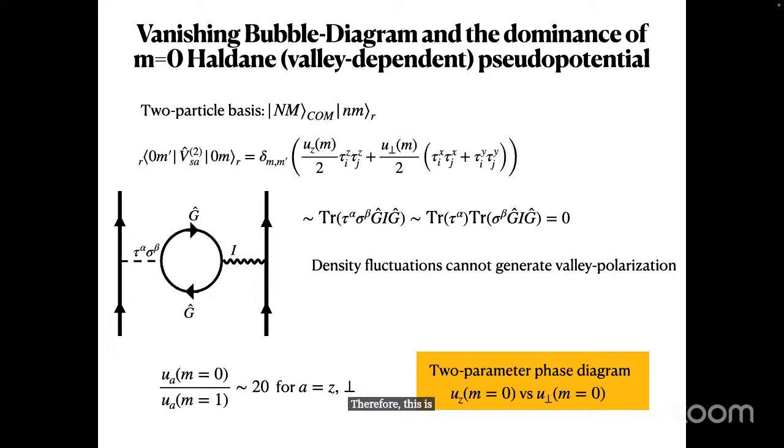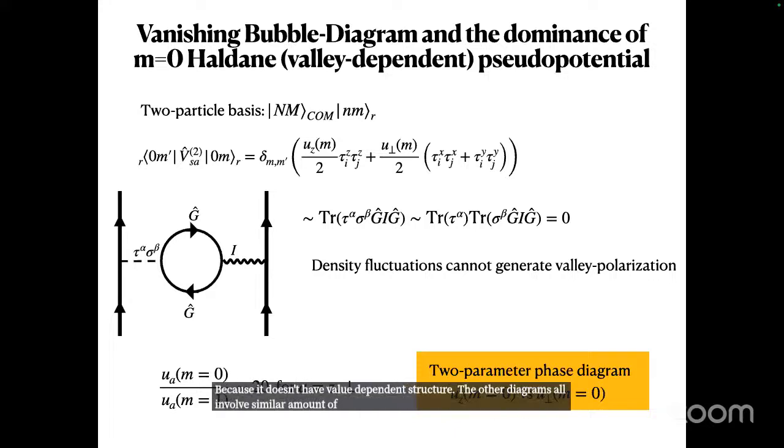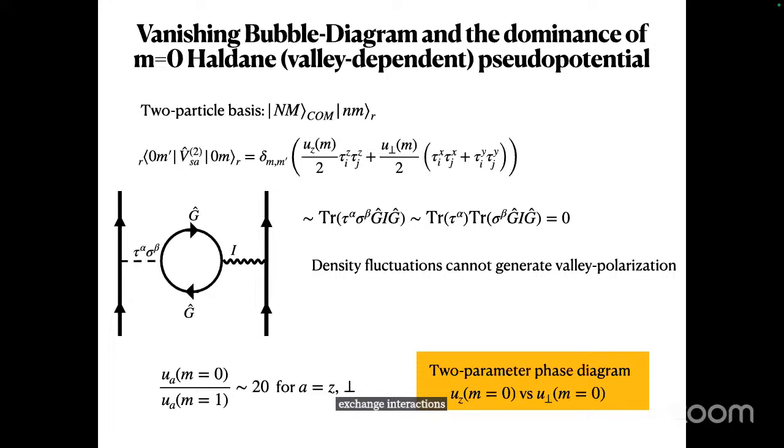Okay, and because this diagram is 0, it does not introduce long range Coulomb interactions. This is the main diagram that can physically generate long range interactions, but this vanished because it doesn't have valley dependent structure. The other diagrams all involve a certain amount of exchange interactions which require electrons to come close.